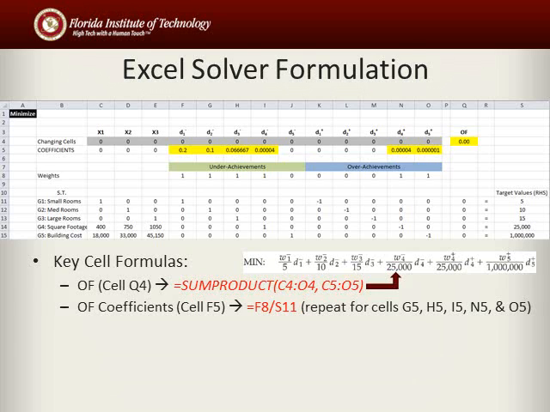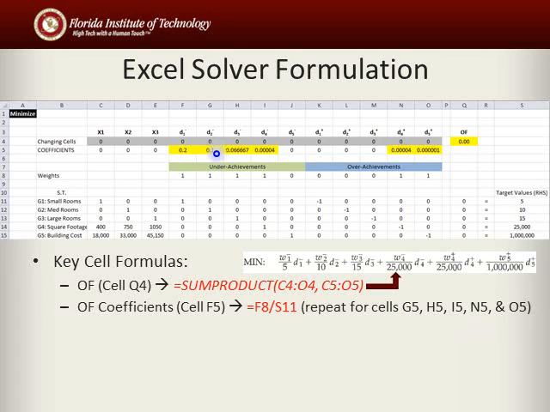All we're doing in cell F5 is dividing our goal weight, which is F8, over S11, the target value for goal number 1. That gives us a coefficient value of 0.2. You repeat the same approach for all of the different goals.